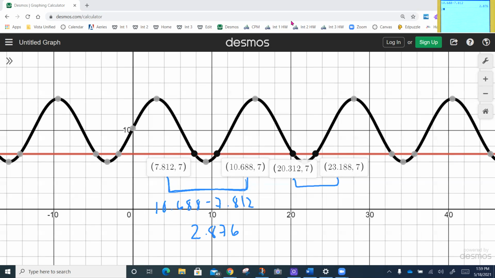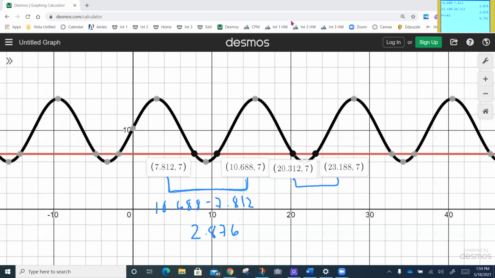I should be getting the same when I do this other two. Let me just double check. 20.312. So I get the same thing. So I'm going to basically double this, and I get 5.752 hours.